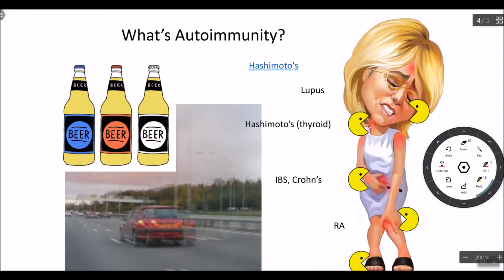The way I describe what an autoimmune disease is, I like to use analogies. So we're just going to take this picture right here. You're driving, right? Now, is this a very clear picture? Is that driver seeing very clearly? You can obviously see that he's seeing double, so that's a bad thing.